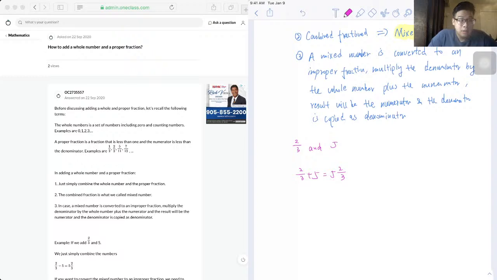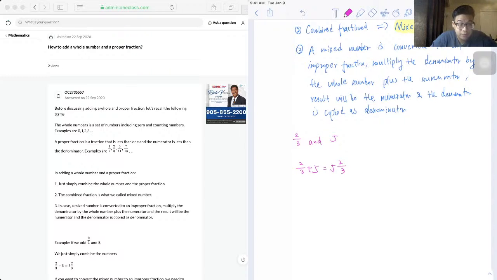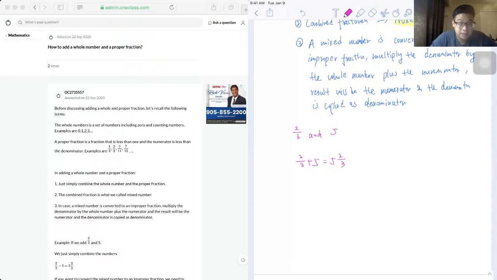And if we want to convert the mixed number to an improper fraction, we need to multiply 3 and 5, and the result will be added to 2, and the 3 is copied as the denominator, since we already have a 3 in our question as denominator. So 5 times 3 is 15, and 15 plus 2 is 17, where 17 is our numerator. So our final answer will be 17 over 3.